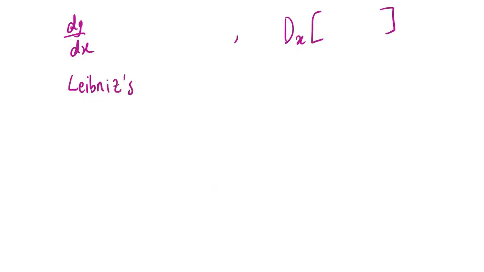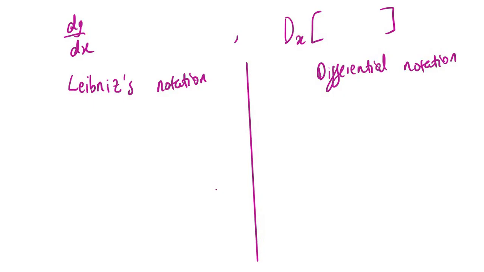It was developed by Leibniz, and then here it's called the differential notation. So guys, using a different notation just means you have to understand the notation, but we're applying the same concepts. Now, when we're using this one, let's have examples.